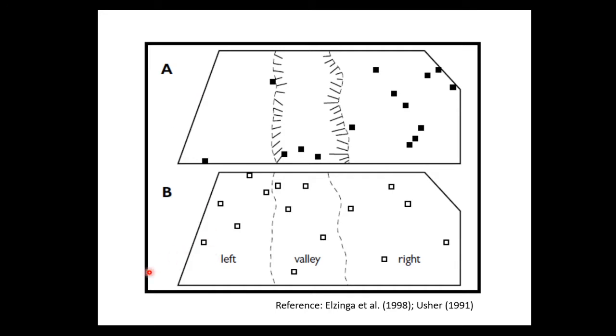But the bottom figure shows a stratified random design where an equal number of sampling units is allocated to each of the strata. So here you have 5, 5, and 5.